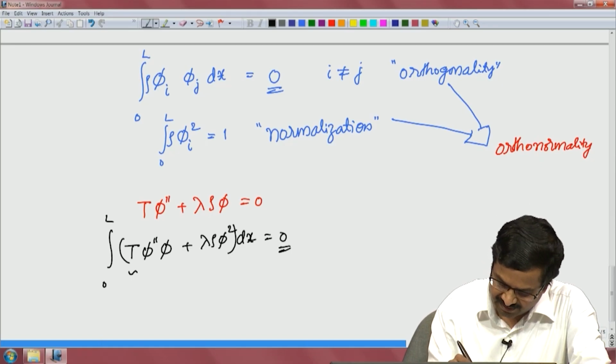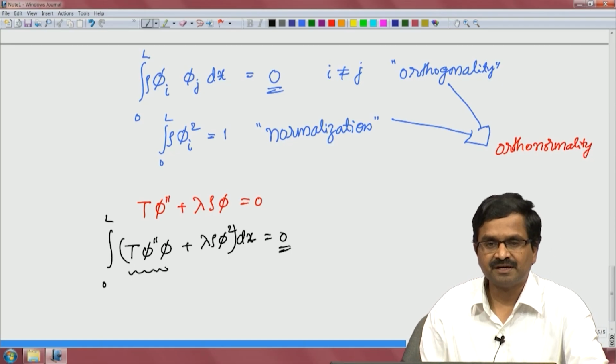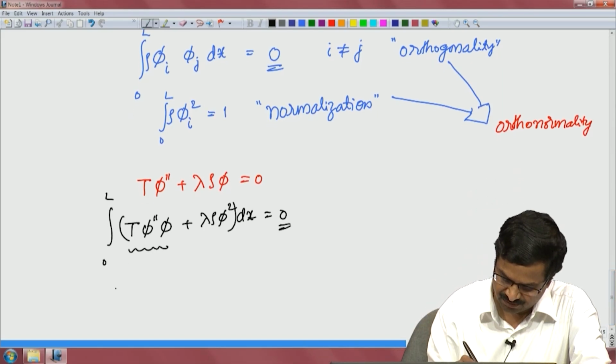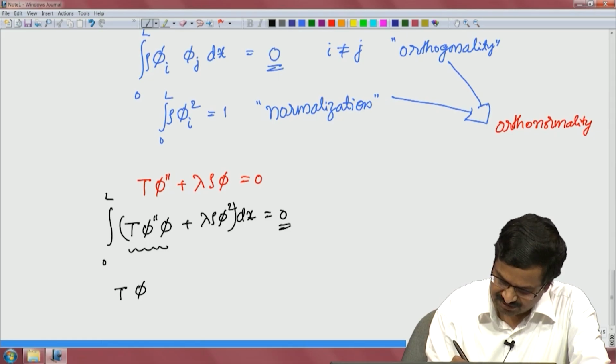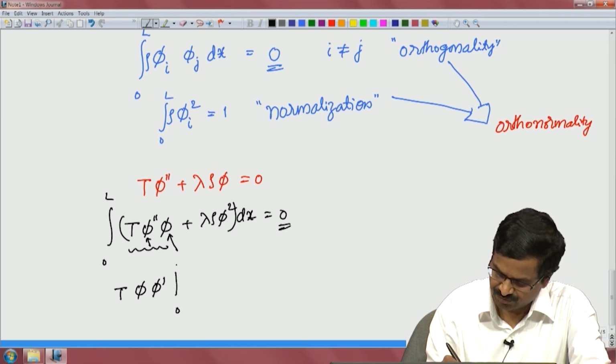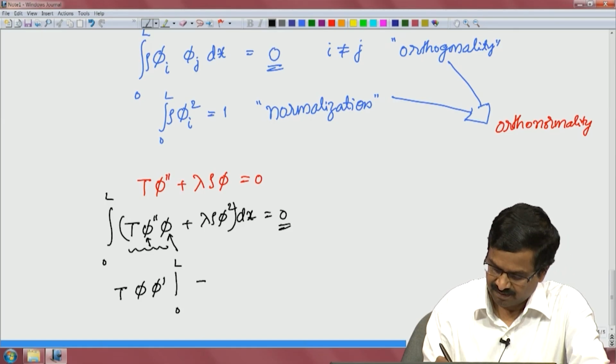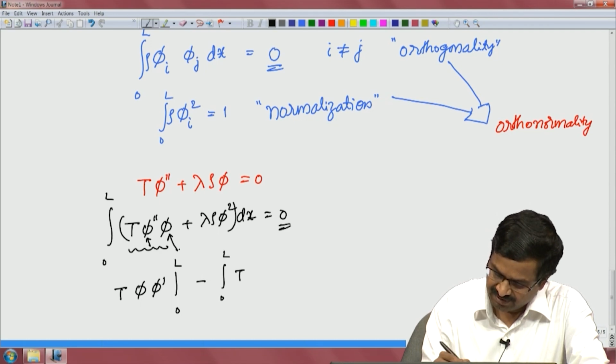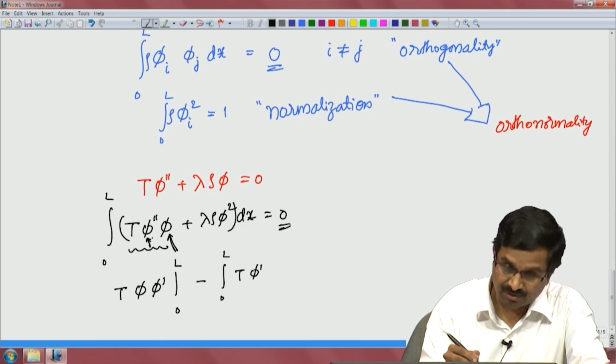Now, in calculus of variations, integration by parts plays a big role. So, we will do integration by parts. The first function times the integral of the second function, evaluated at the two ends, and then minus the derivative of the first function, that will become phi prime, times the integral of the second function, that is also phi prime.